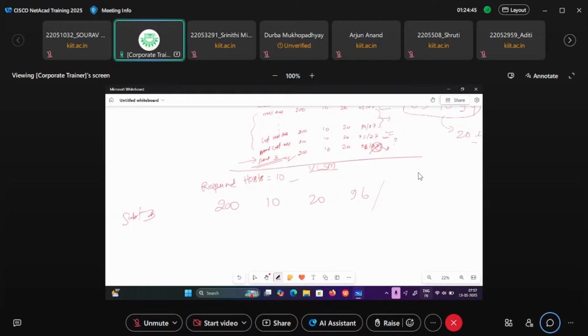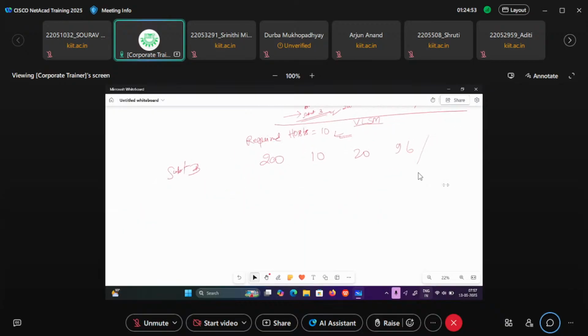So now you have to do the calculations again because the required number of hosts is 10. Similarly, you have to use the formula 2 raised to the power n minus 2 greater than or equal to 10 and find the value of n. What n value will you get, guys? 4. If you get 4, just check with the magic number and convert these values.